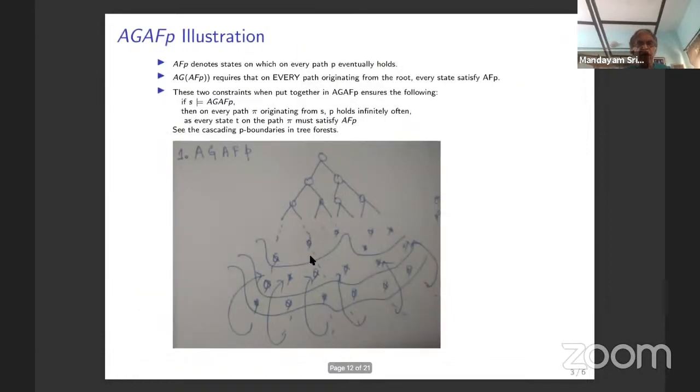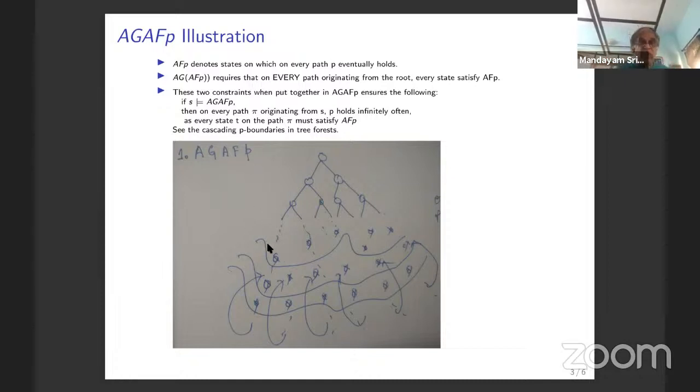When you look at AG of AF of P in the general context, when you interpret the CTL or CTL star formula, as you've already seen, you have to say, for all paths, then you have to change your view in terms of paths as well as states.